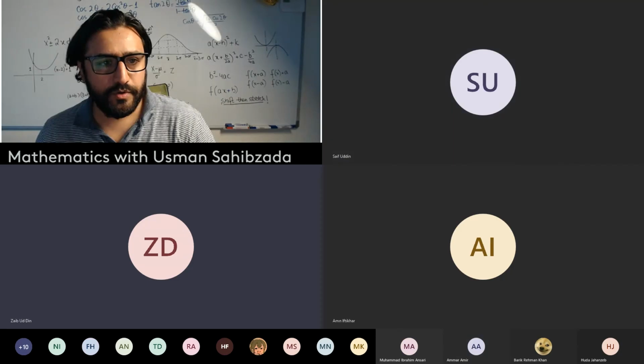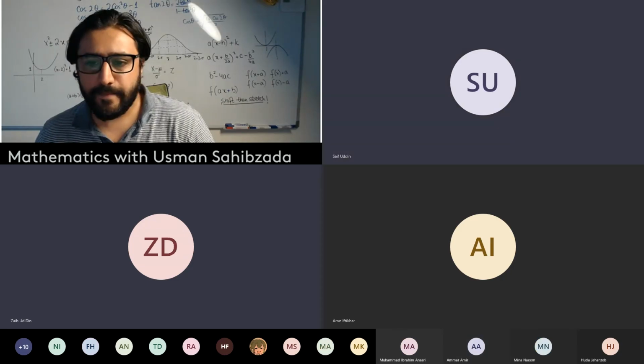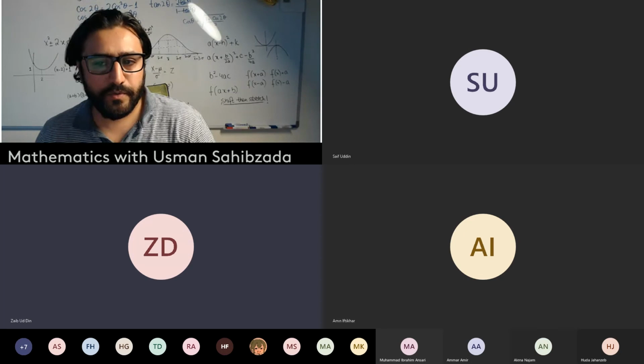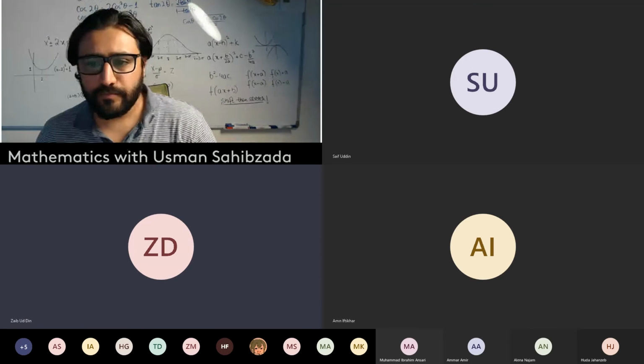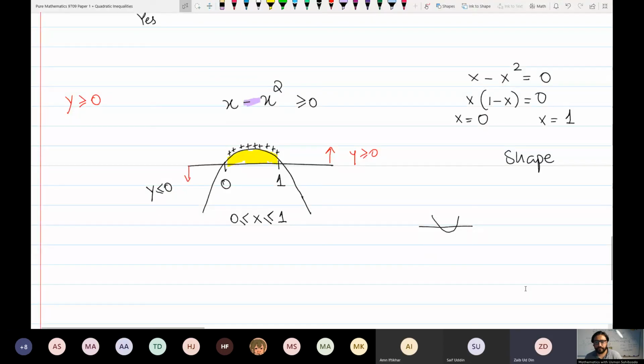I'm sorry, a quick question. In this greater-than-or-equal graph, the shaded region was basically inside the parabola. But if x squared was positive and the curve was the other way around, would we shade outside that region like we did for the other greater-than graphs?